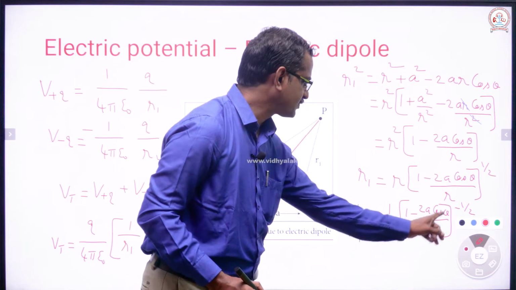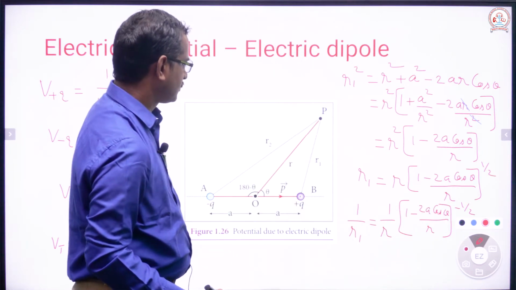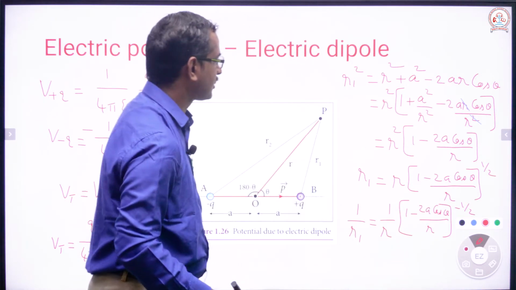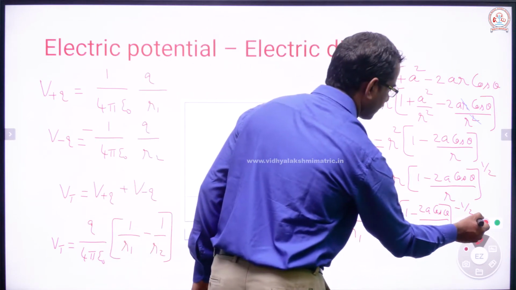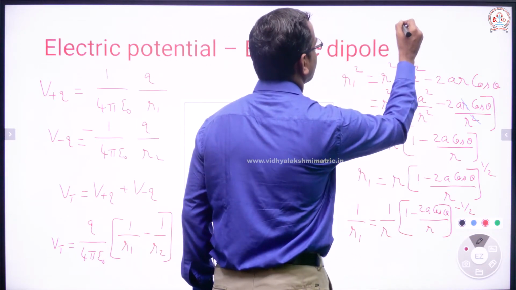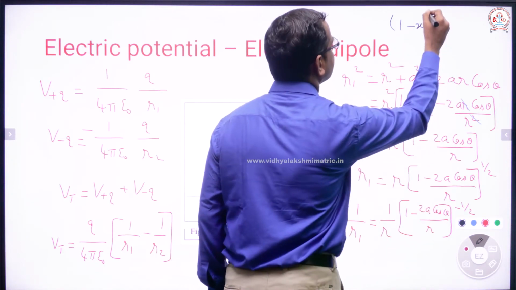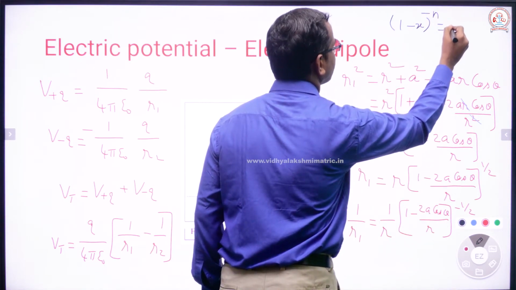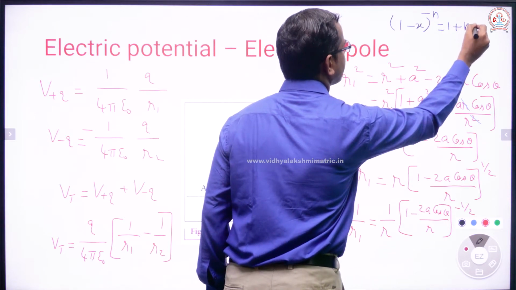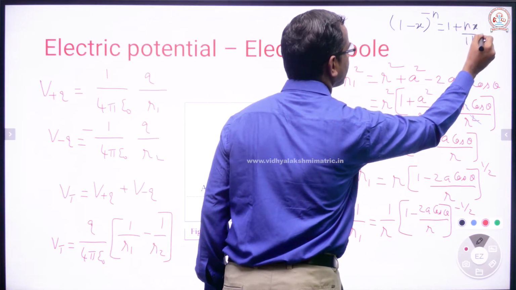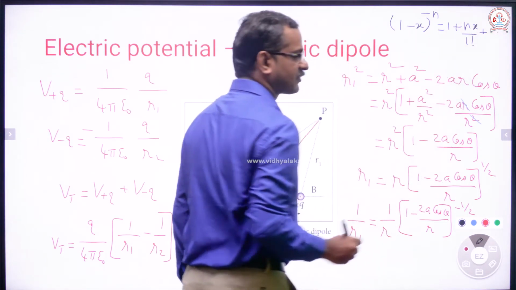Now apply the binomial theorem: 1 minus x power minus n is equal to 1 plus nx by 1 factorial plus etc.